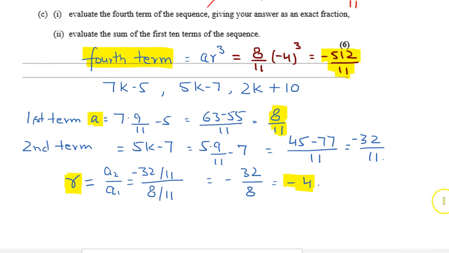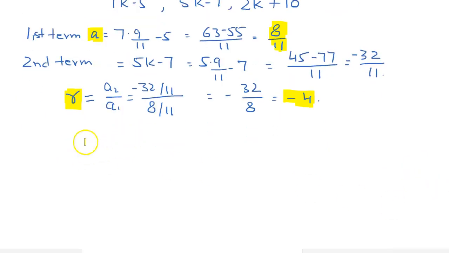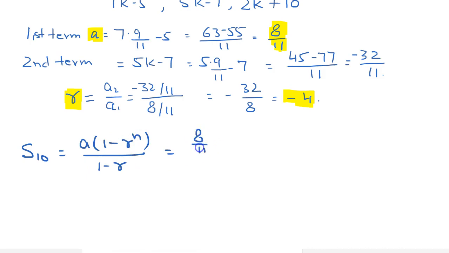Now evaluate the sum of the first 10 terms. So S10 is equal to A times 1 minus R to the power N over 1 minus R. So A is 8 over 11, 1 minus (minus 4) to the power 10 over 1 minus (minus 4).